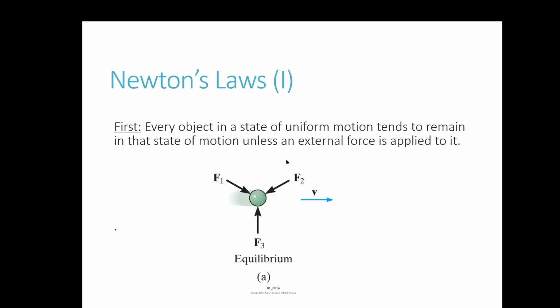So we'll go through Newton's laws briefly here. The basic idea of the first one: every object in a state of uniform motion stays in that state of motion unless something else acts on it.